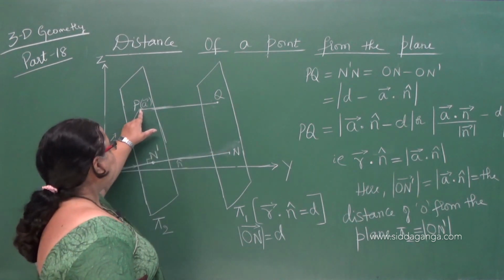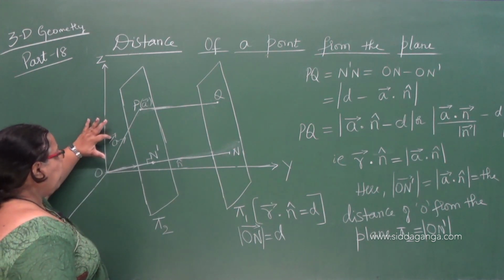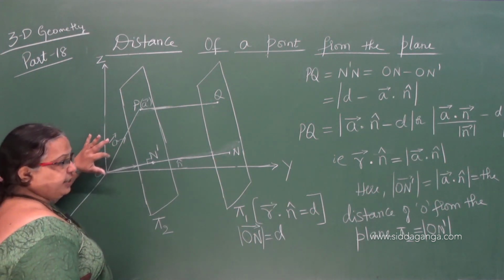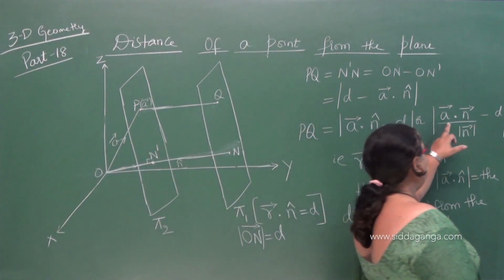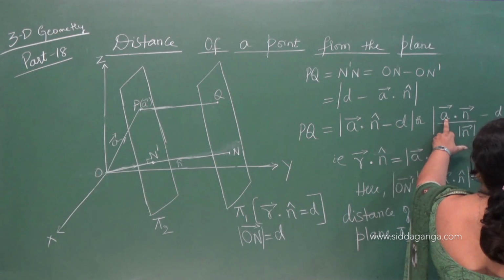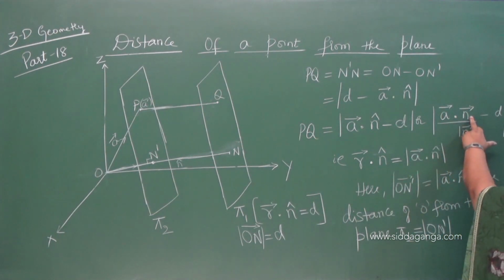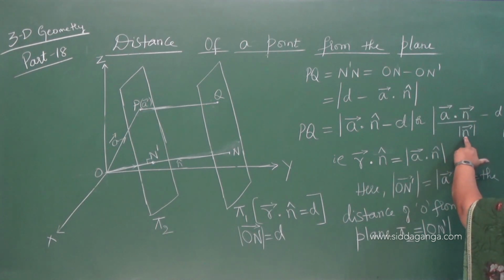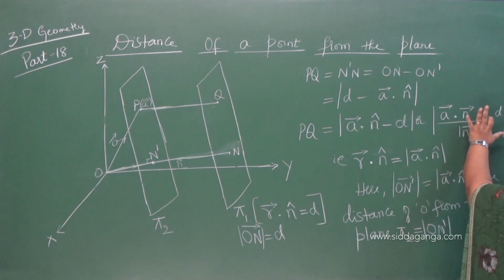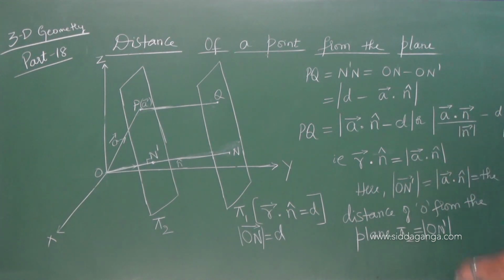If the point P is the origin, then vector A becomes the zero vector. Then zero vector dot vector N is zero. Zero divided by any number is zero. Zero minus D is nothing but D. Modulus of minus D is nothing but plus D.